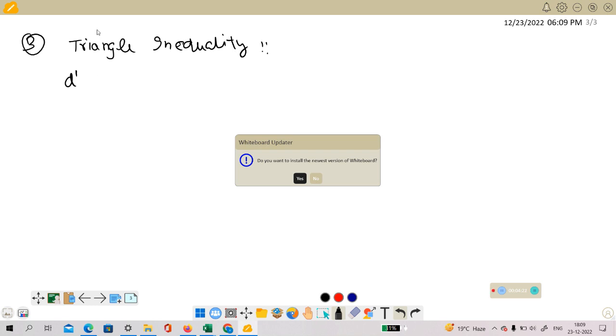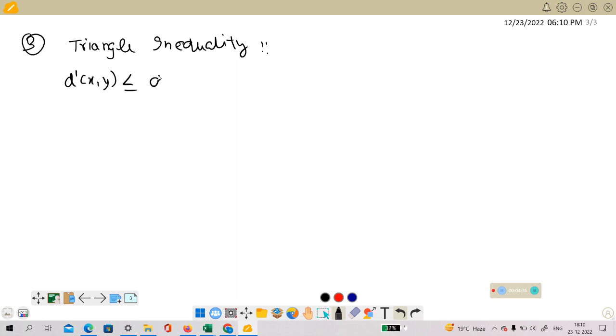Now we come to property 3, the triangle inequality. We need to show that d' follows the triangle inequality, that is, d'(x, y) is less than or equal to d'(x, z) plus d'(z, y) for all x, y, z belonging to X. Simply put the definition.